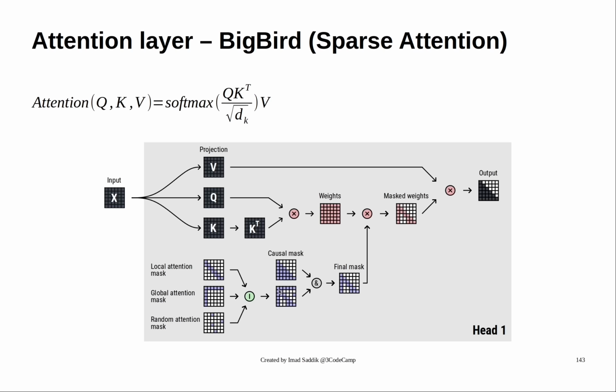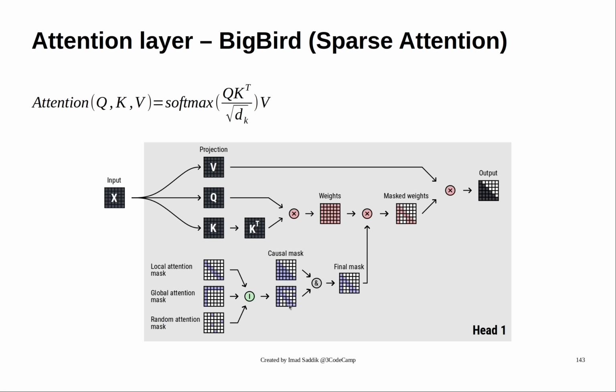And as you can see, this gives us what we have seen in the previous slide, which is the sparse attention. And you can see that here we have a mix of global, local, and random masks. And here we also create the causal mask because we want to remove the future tokens from the mask. And here we use the AND operation. So AND, it's simple.